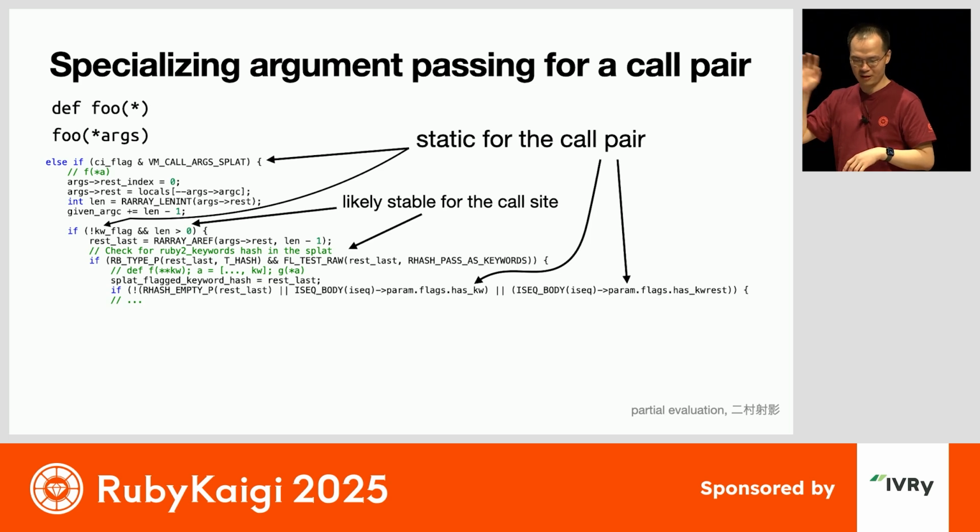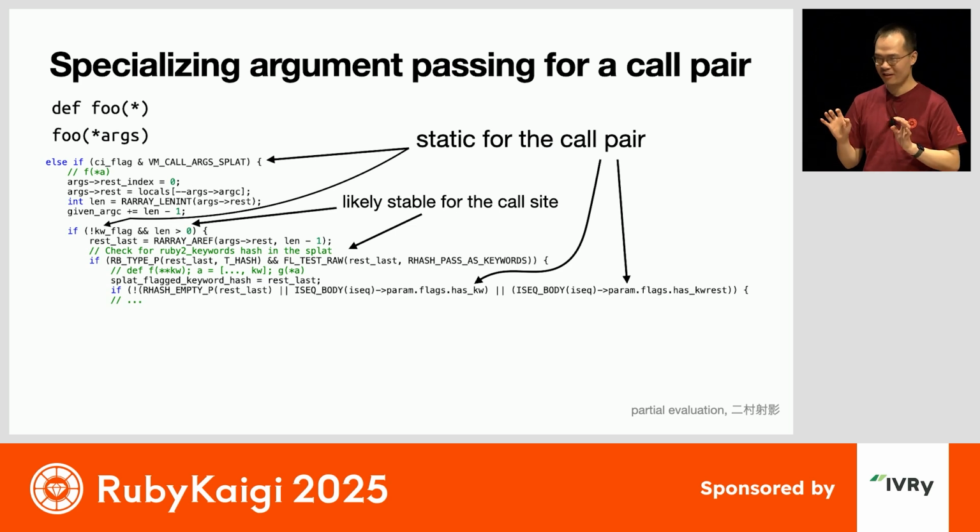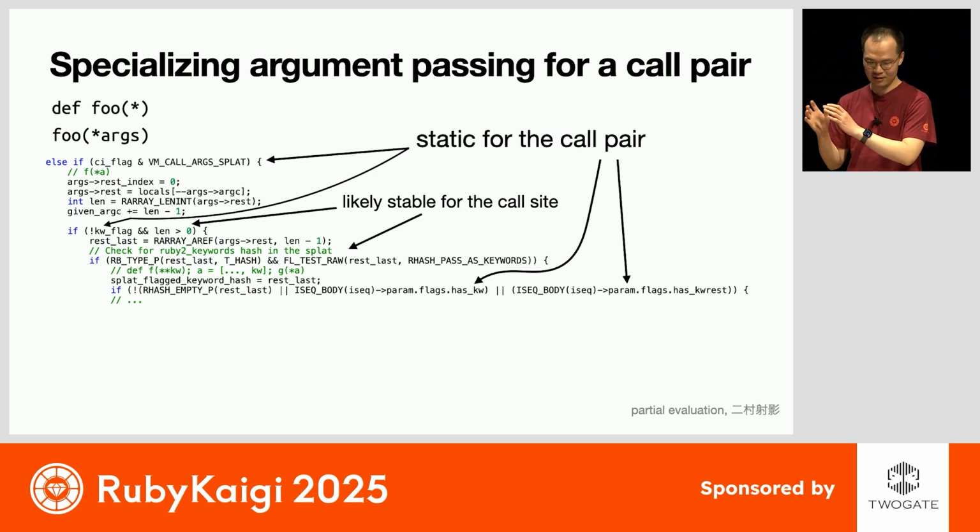Don't worry too much about actually parsing and understanding the code. The point is just that it's doing a lot of checking there about what this caller is using in terms of features and what this callee is doing in terms of features in the parameter list. If we specialize based on one specific call pair, you don't have to do any of these checks anymore. Or you can think of it as bundling up all the checks into one.